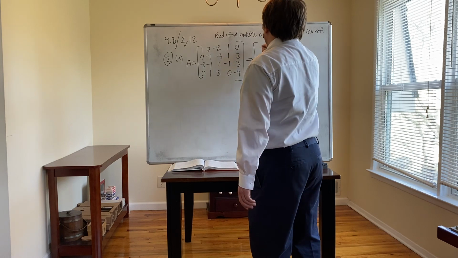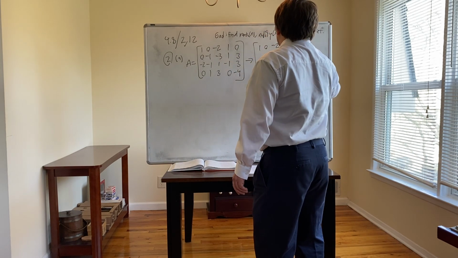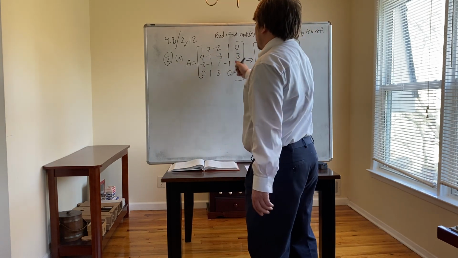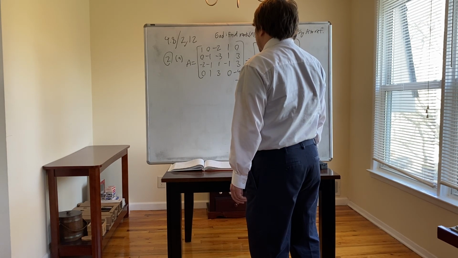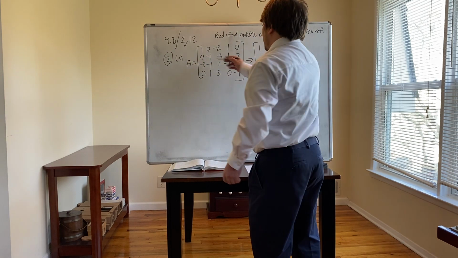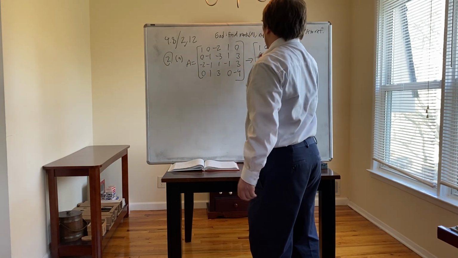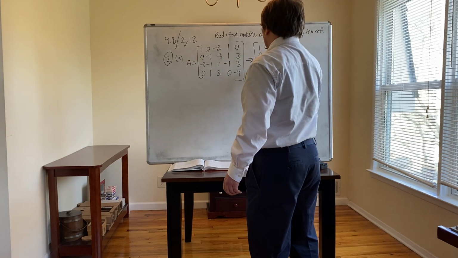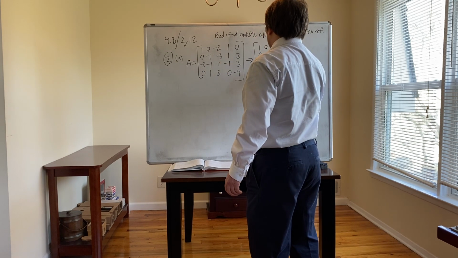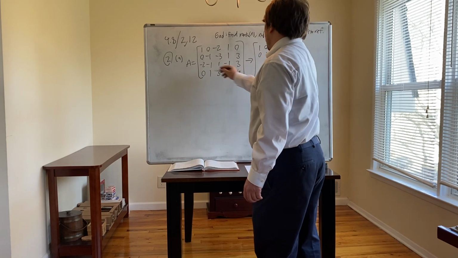We keep the first row the same in the beginning because there's a leading one already. Actually, I'm going to switch the second and fourth rows. This row is going to go here, because it already has a leading one. And I'm going to make this one here, and keep that row there.